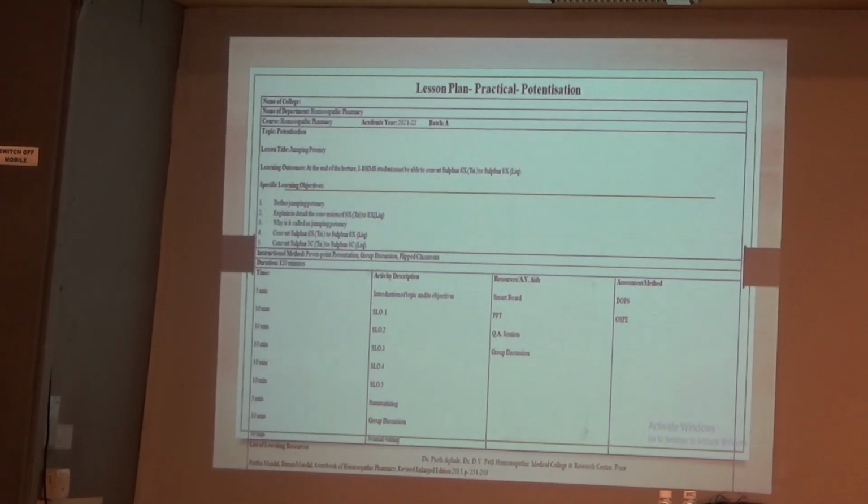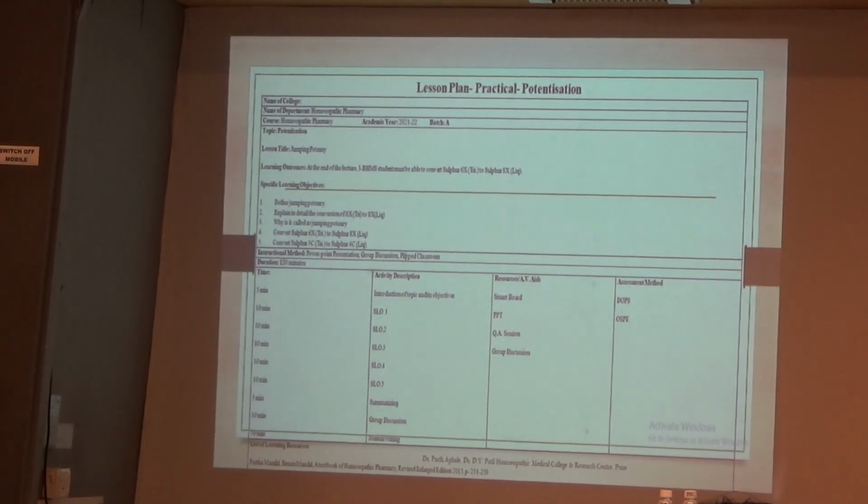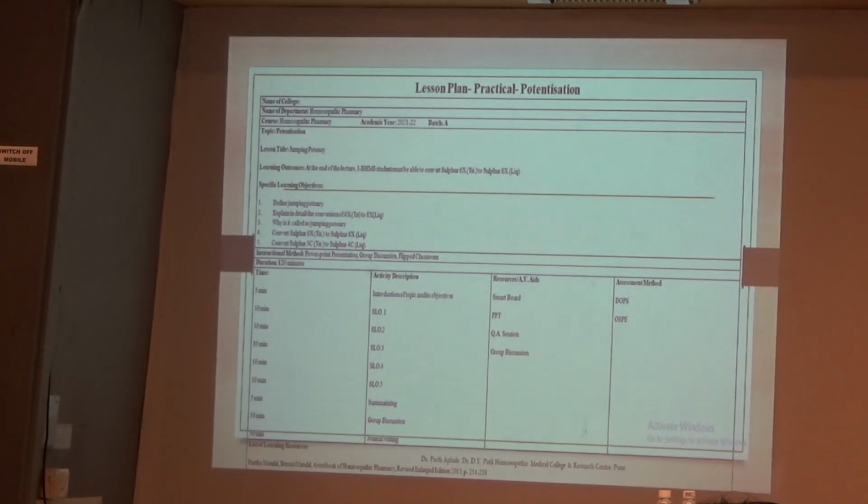If you are teaching trituration, what are your SLOs, and are they reflected in the lesson plan, what teaching learning methods you are going to use, what assessment methods you are going to use, to see that at the end of that particular topic the student has achieved that many competencies or that many SLOs.